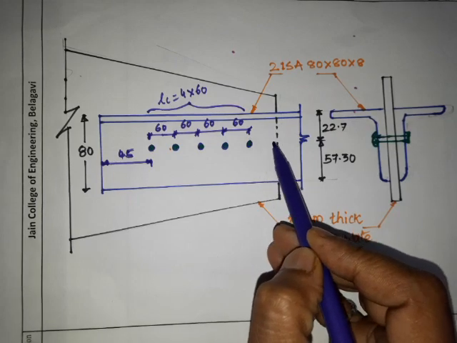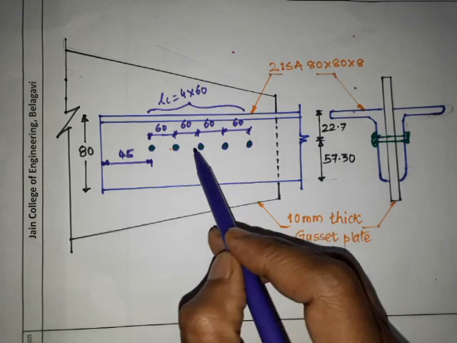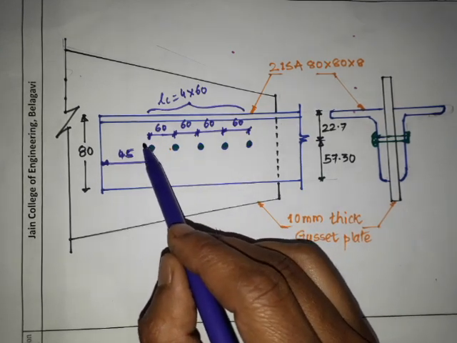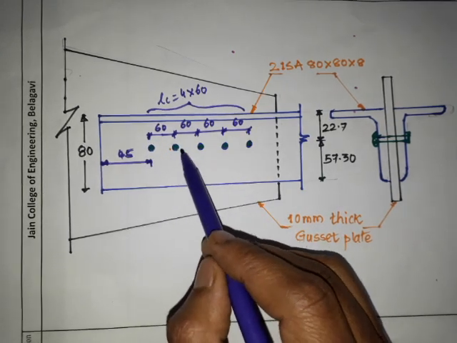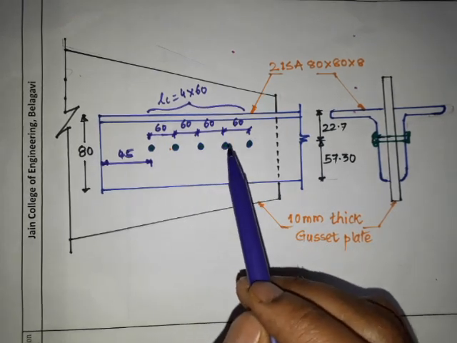That critical section will travel like this, from hole to hole, because it is the high stress area, as we have made a hole in the section.